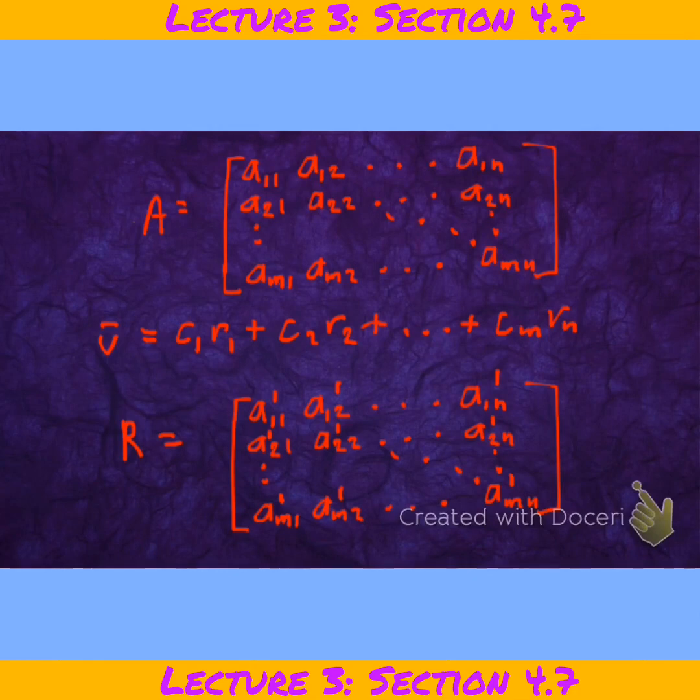Now remember, we said that if we repeatedly manipulate the rows of A using row reductions, for every row reduction that you do to A, the vector V is going to be in the row space of that reduced matrix.